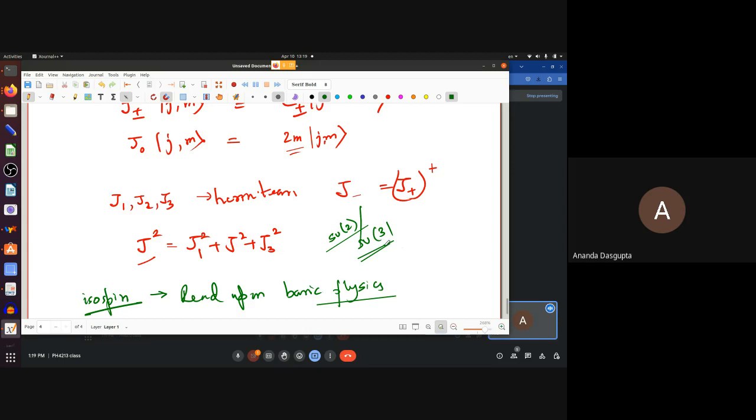So what Gell-Mann did was to cook up another approximate symmetry from which you could explain this. And this, of course, led to the famous quark model.